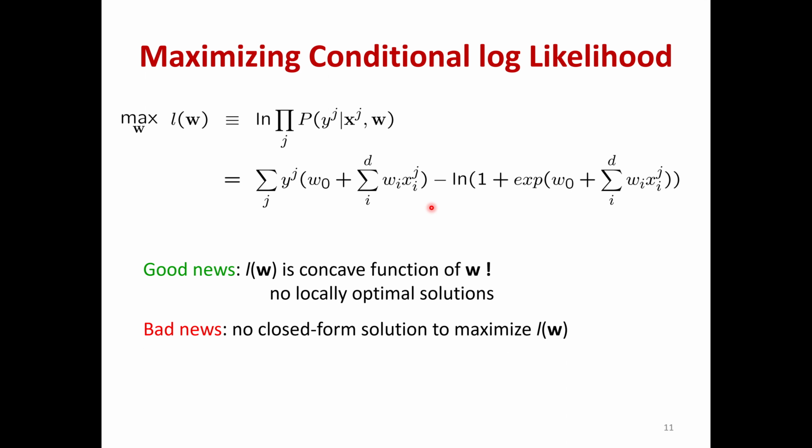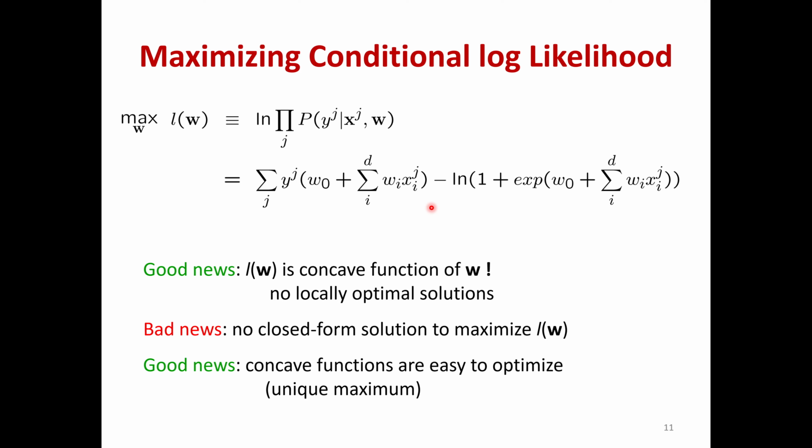Usually, the way to find closed form solutions is to calculate the derivative of the objective function and solve that when that derivative is 0. In our case, however, we cannot do that. Luckily, however, concave functions are easy to optimize.